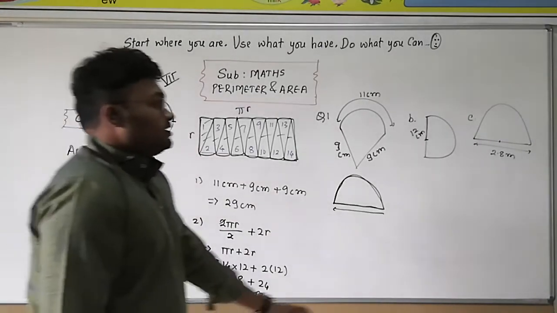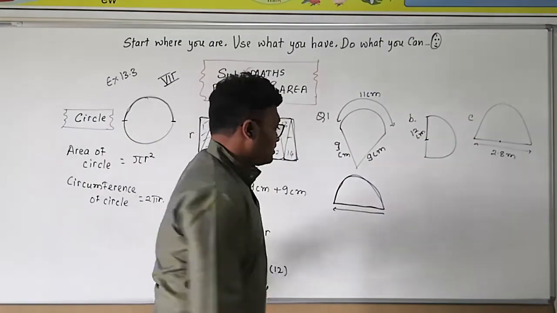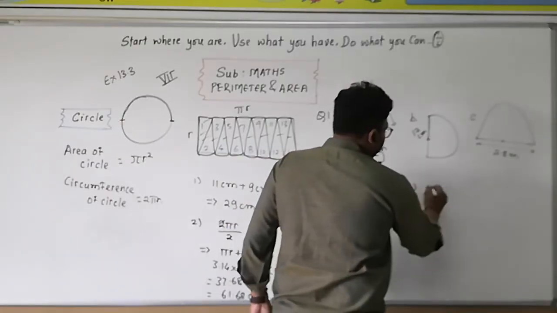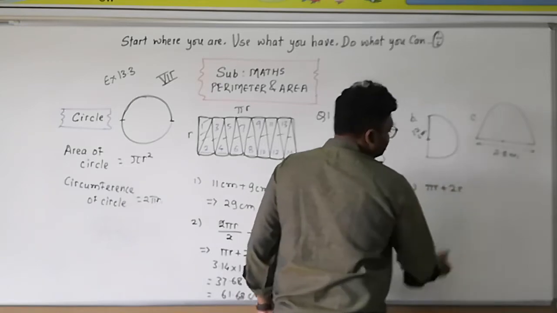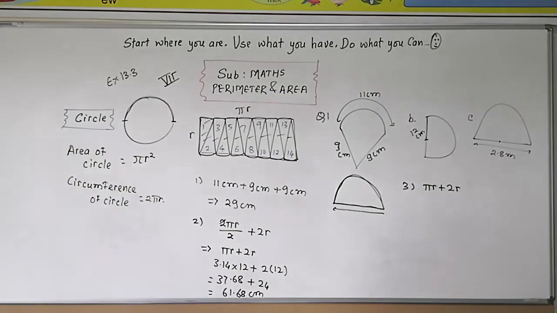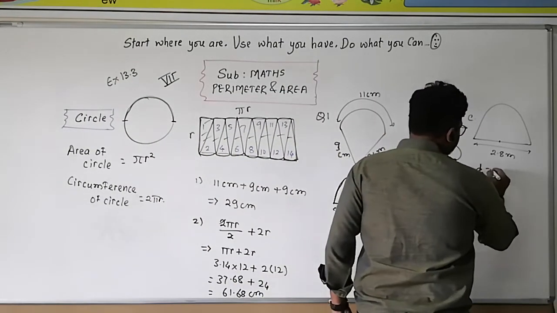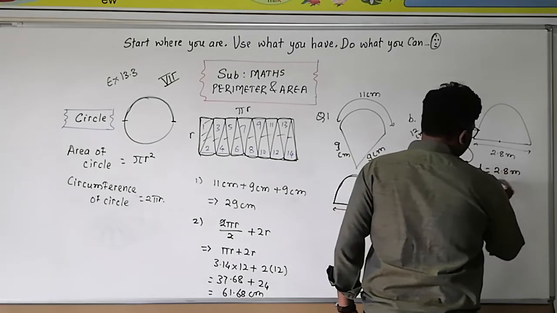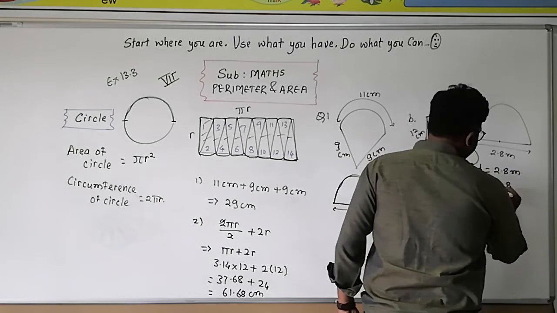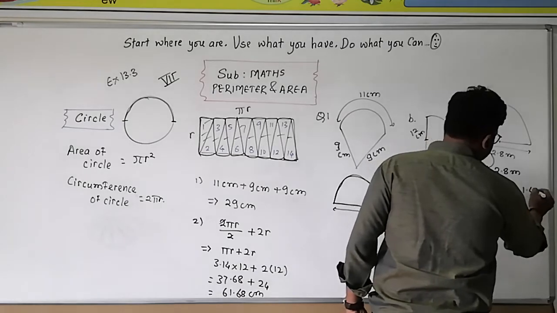Now by the same method, you can calculate this one. Directly I will use the formula pi r plus 2r. The diameter of the circle is 2.8 meters, so the radius is 2.8 divided by 2, that is 1.4 meters.